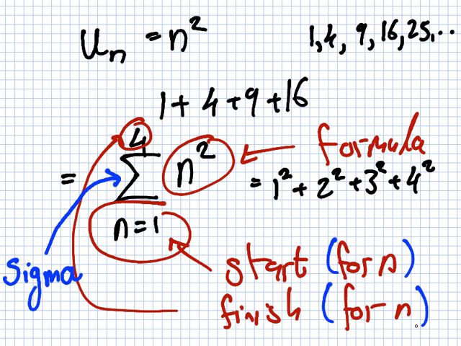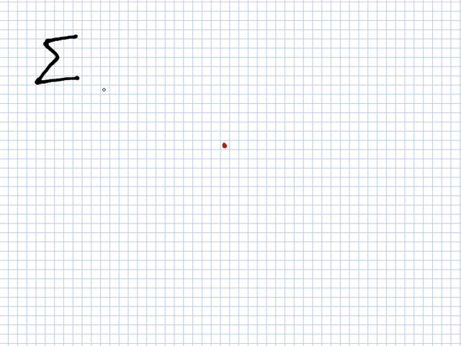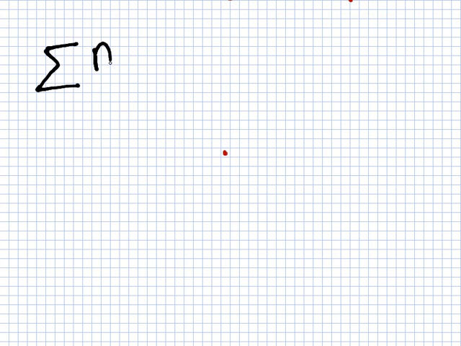Okay, can we scroll down? Let's have a look at some examples here. Let's do n factorial.